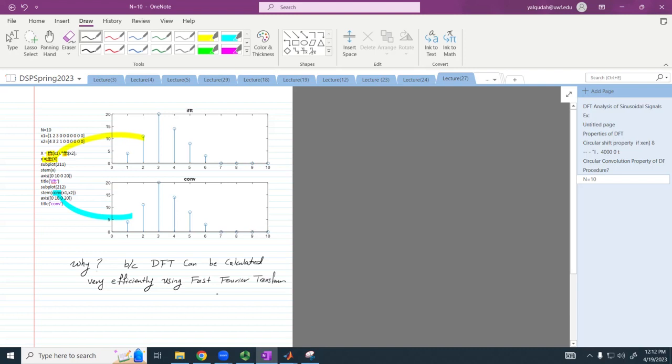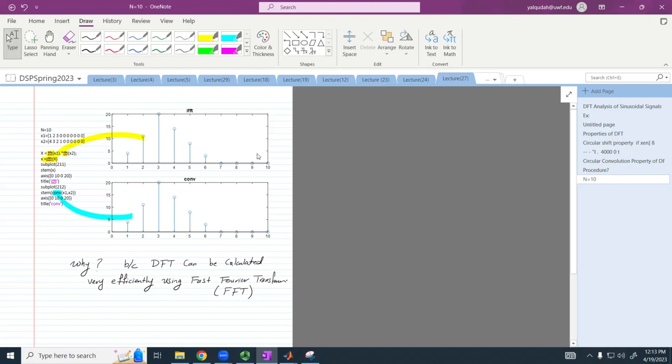So therefore, we can perform FIR filtering using many fewer computations than evaluating the convolution of the two sequences together. Any questions?